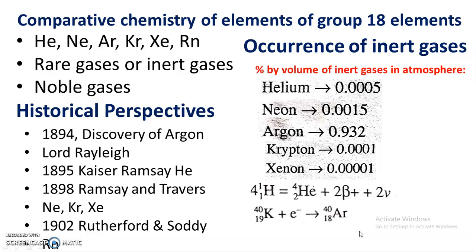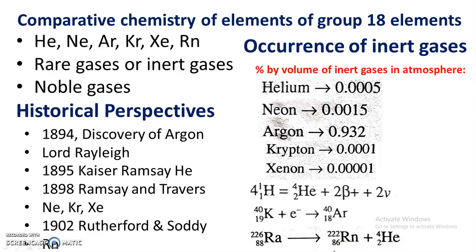One more thing about argon is that the world production of argon is over 7 x 10⁵ tons per year. Now radon is radioactive and it is produced by the decay of radium and thorium minerals. This is the radioactive decay reaction. Radon is formed from radium by radioactive decay.